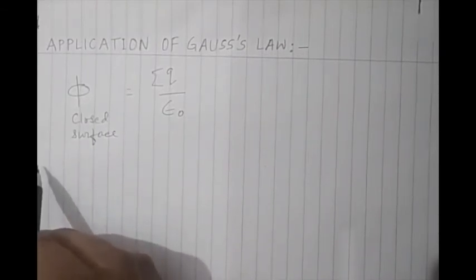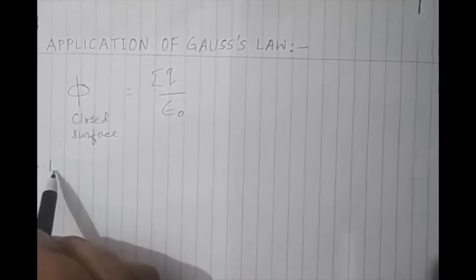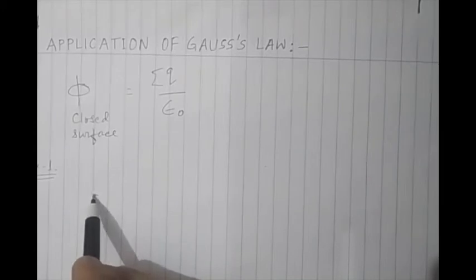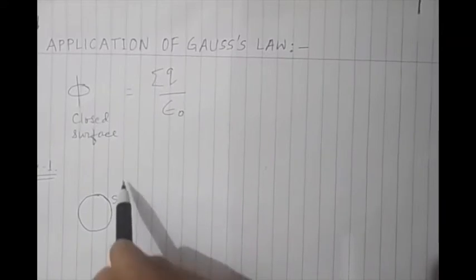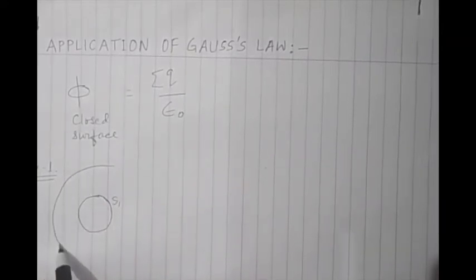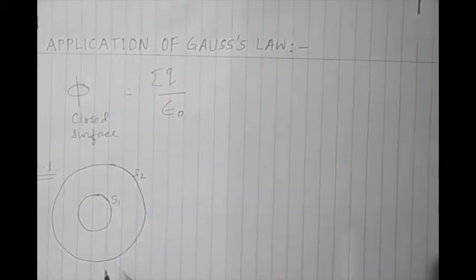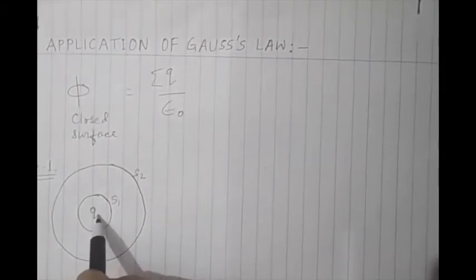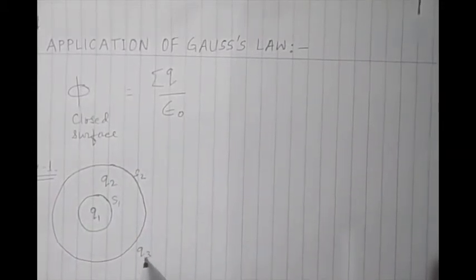Take an example 1. Suppose there are two concentric spheres S1 and S2. Suppose three charges are there, Q1, Q2 and Q3, as shown in the figure.